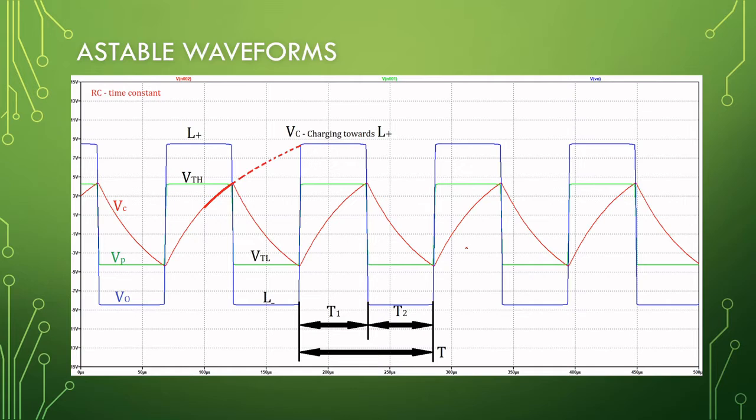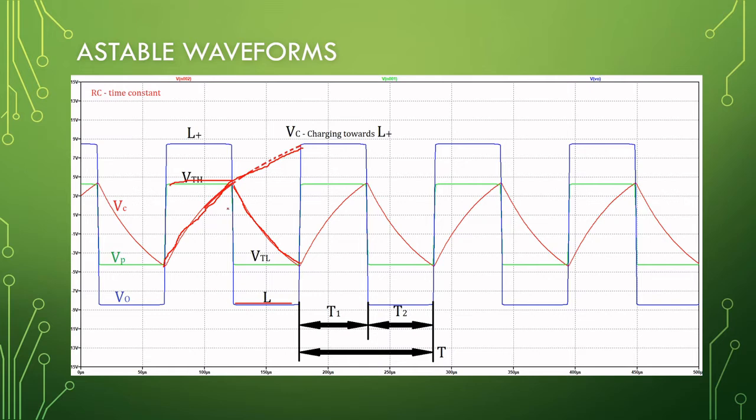So in terms of having this as a signal, if our output is, let's say, at L plus, our capacitor will start to charge towards our L plus. Okay, but it will reach this threshold and the output will switch to negative and the capacitor has a new place to charge towards.